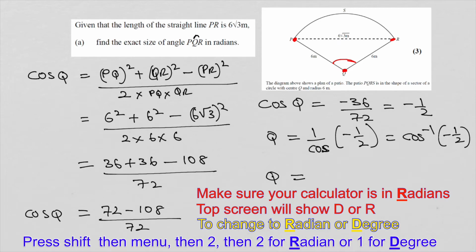If you look on top of your calculator screen, you should see R. R indicates it's in radians mode. If it's not, you need to press Shift, then Menu, then press 2 for angle unit, and then press 2 for radians. Then you will see R on the top of your screen. That means it's ready for radians.